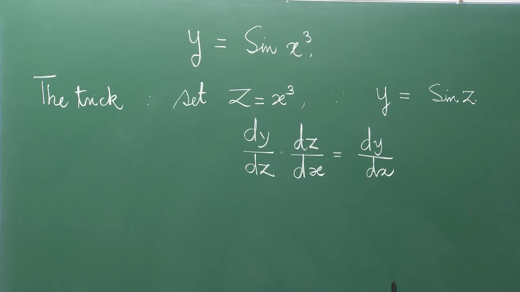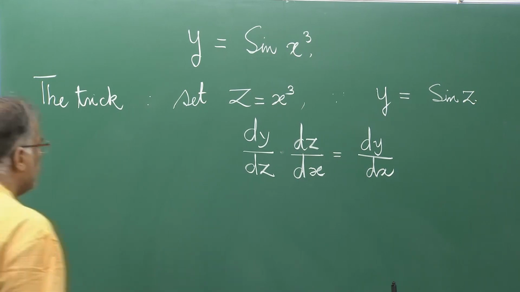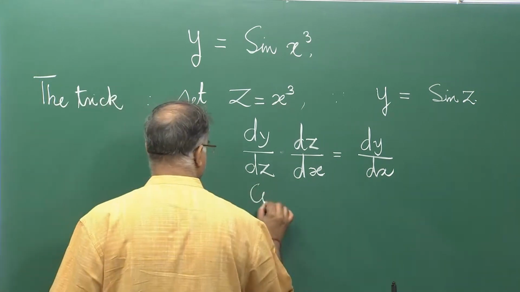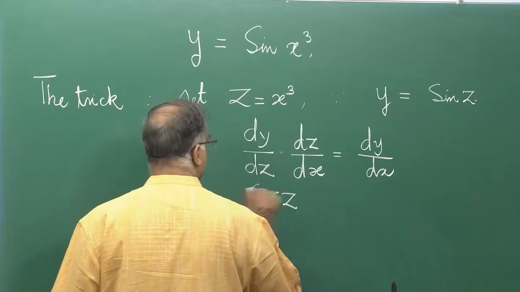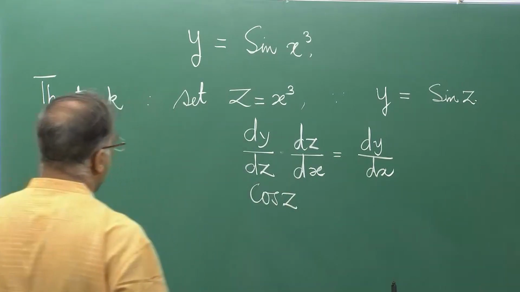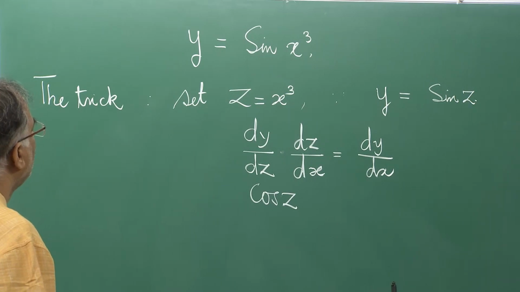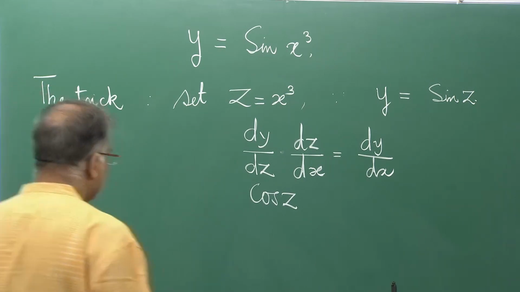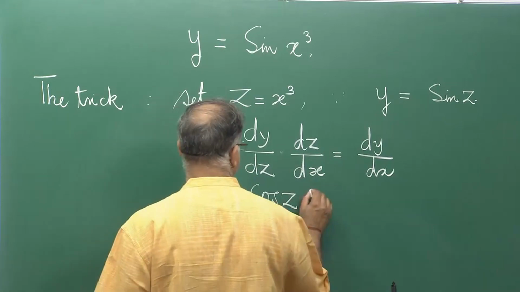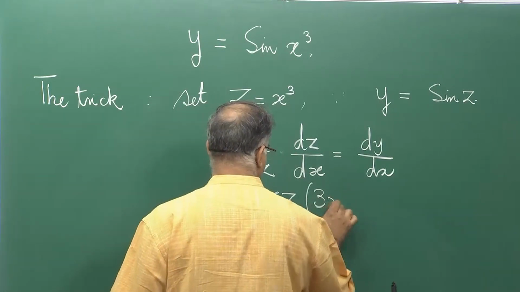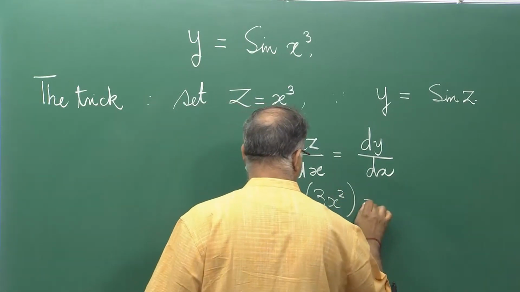In this case dy/dz is cosine of z and dz/dx is 3x squared.